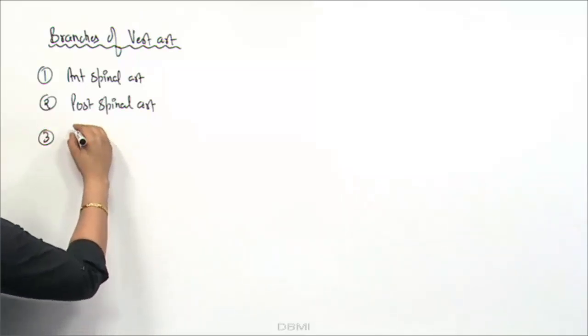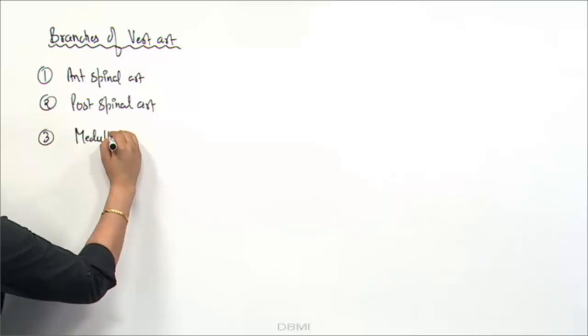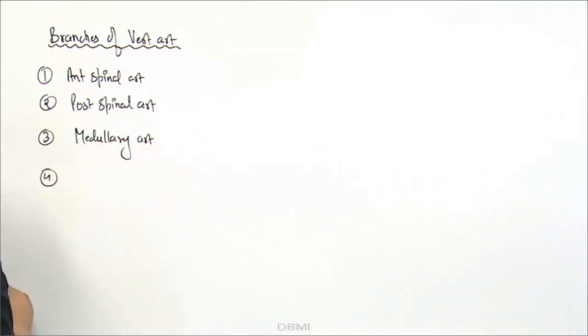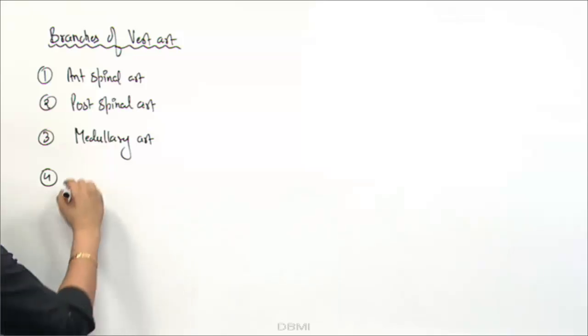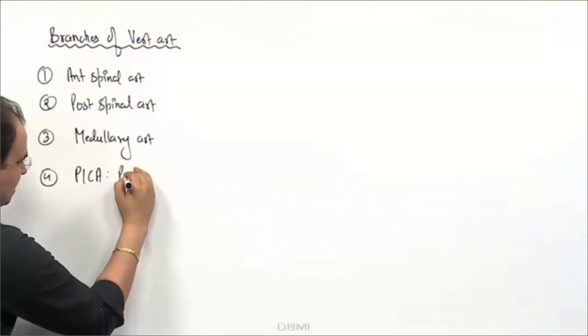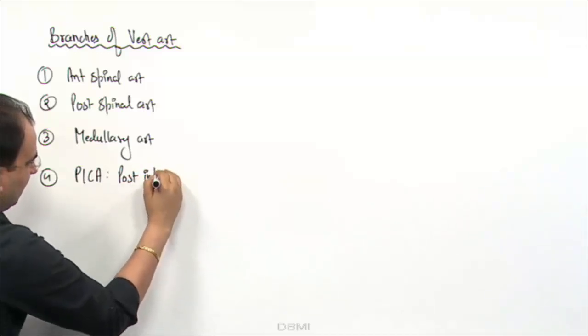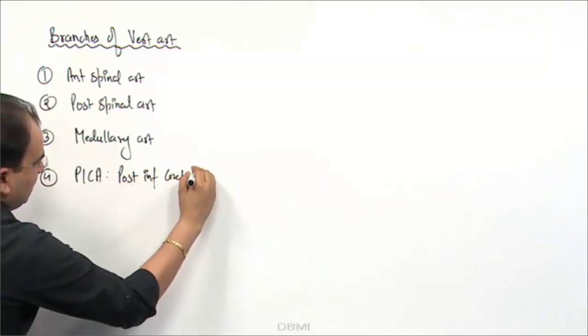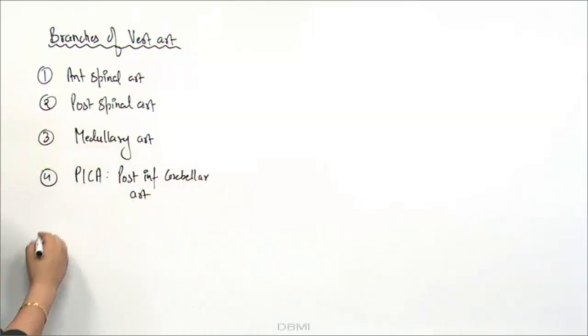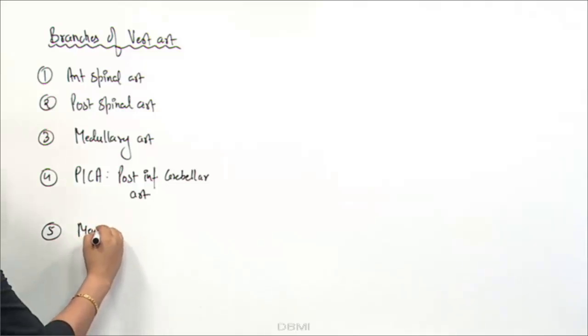It gives off medullary branches as it runs on the medulla. It also gives off a very important branch called PICA, the posterior inferior cerebellar artery, and meningeal branches.